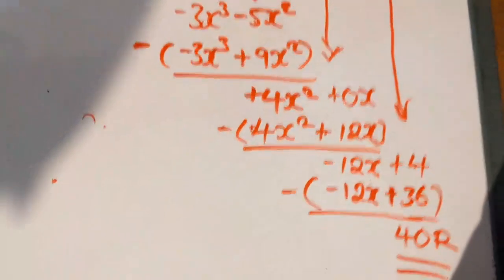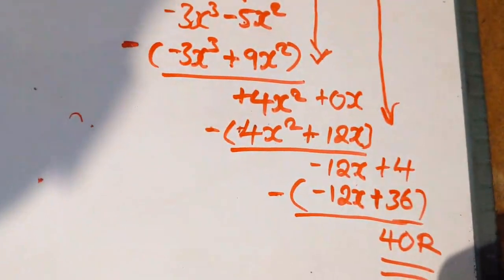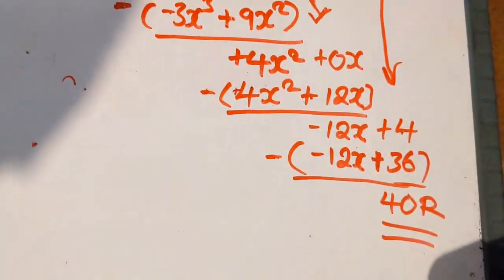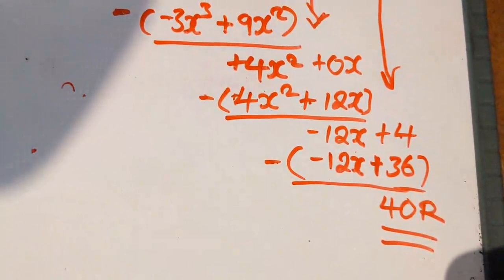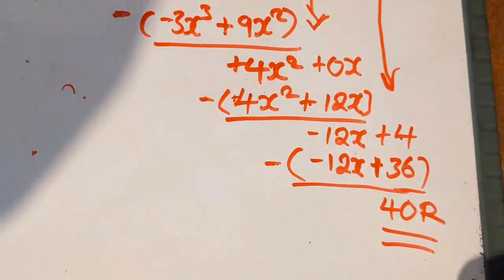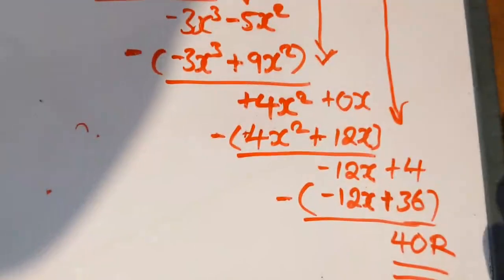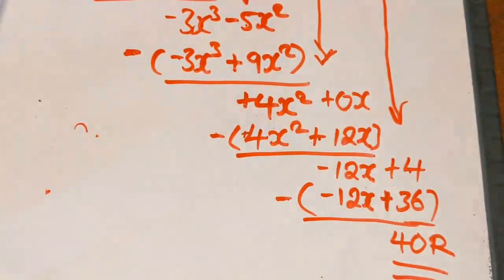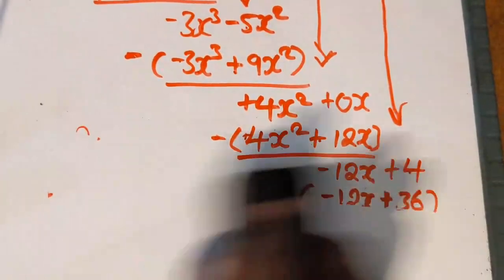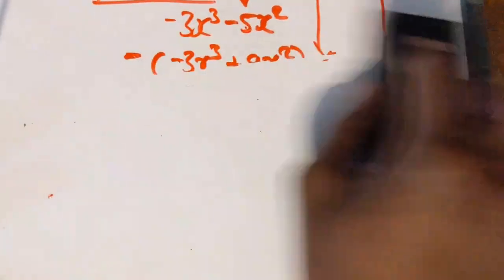So we have proven, through long division, it's a little bit long. That is why it is called long division. But if it was synthetic division, then it would have been fast and straightforward. So let's try to solve it using synthetic division.